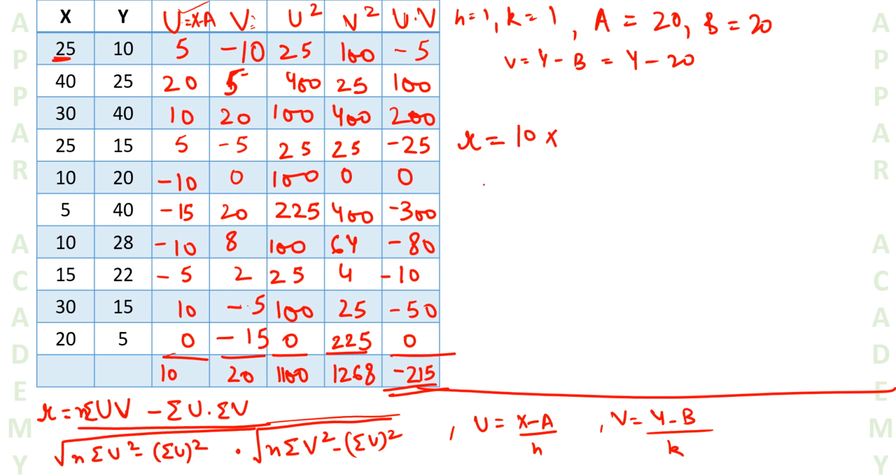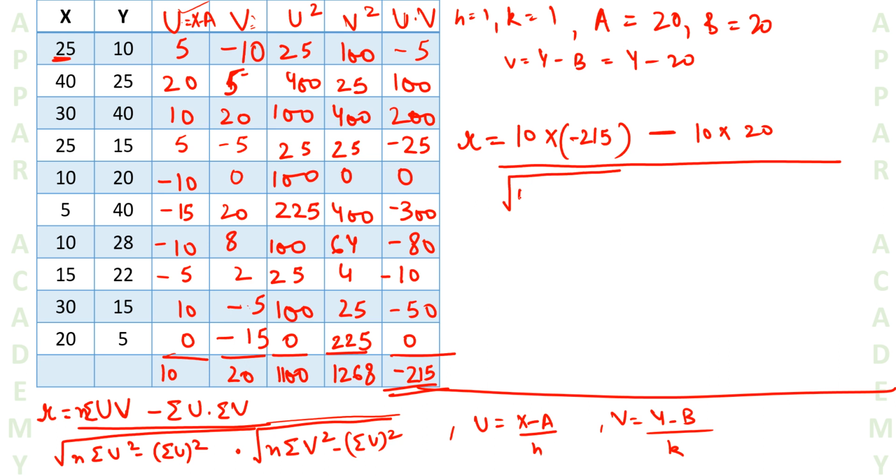10 multiplied by summation uv. Summation uv is minus 215, minus summation u into summation v. Summation u is 10 multiplied by summation v is 20. Right? This upon square root of n, which is 10, multiplied by summation u square.